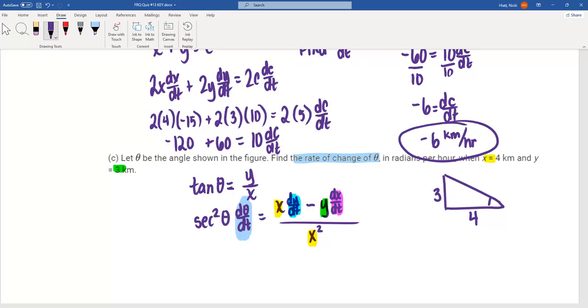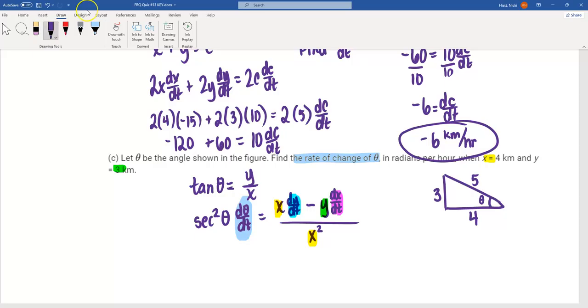All right, so here, if theta is my angle right here, I know at this time this side right here is 5. So instead of trying to find the actual angle, because those are not unit circle values, tangent is 3/4, that's not on the unit circle, we can't really find the angle.